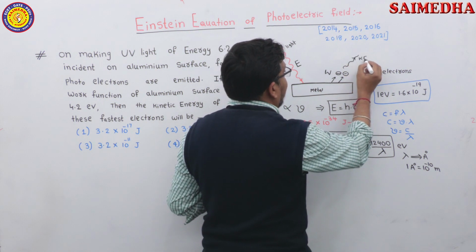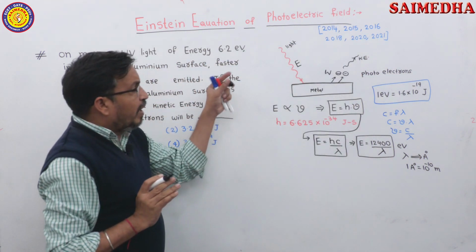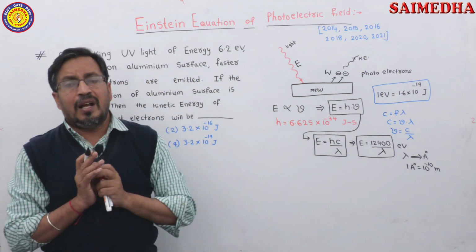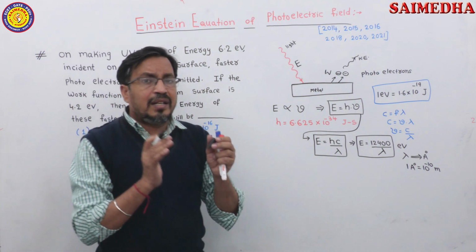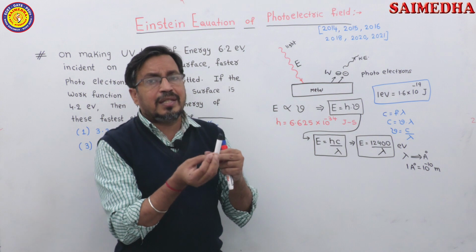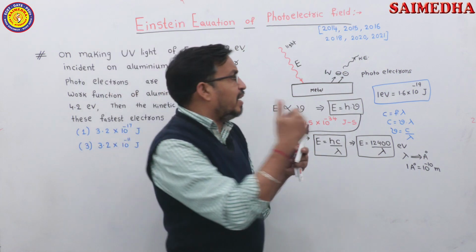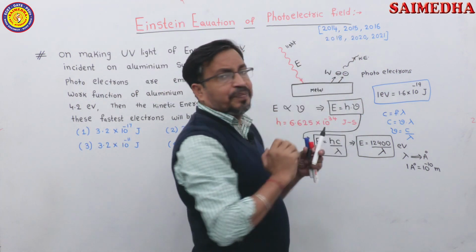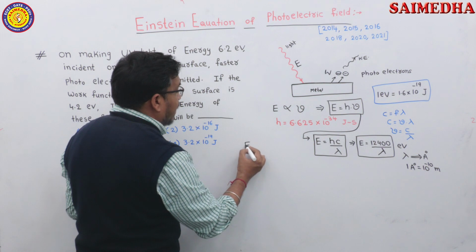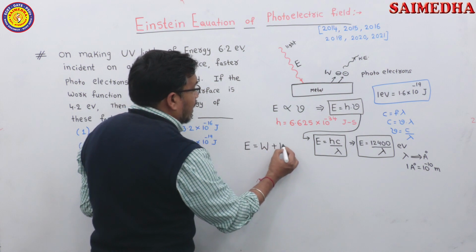That is, when light is incident on a metal surface, that incident light wave consists of some energy, which I am calling E. In that energy, some energy is required to emit the electrons. That minimum energy I am calling W. What does W mean? Work function. The remaining energy is given to emitted electrons as kinetic energy. So from this concept I am writing: E, the incident light energy, equals work function W plus kinetic energy.